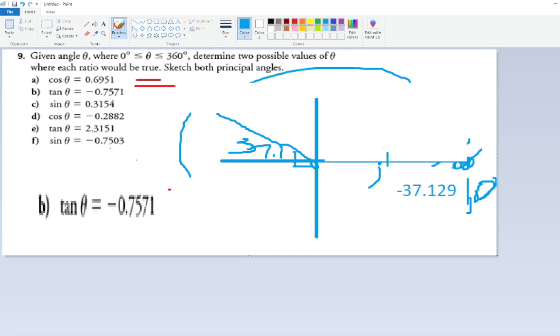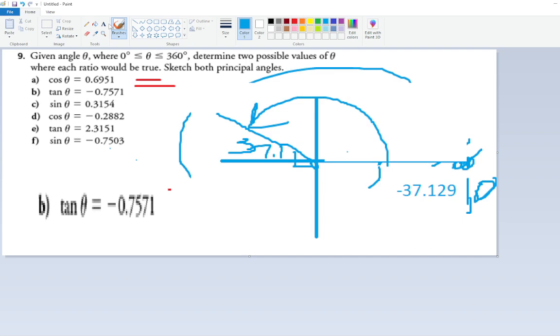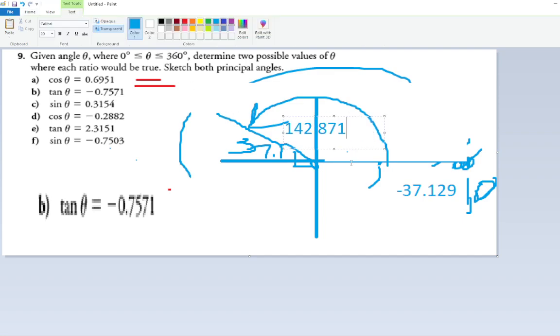And we have to find this principal angle to there, which is 180 minus that. So this is the second angle, 142. So you're going to get essentially 322.871, whatever it was, and 142.87.